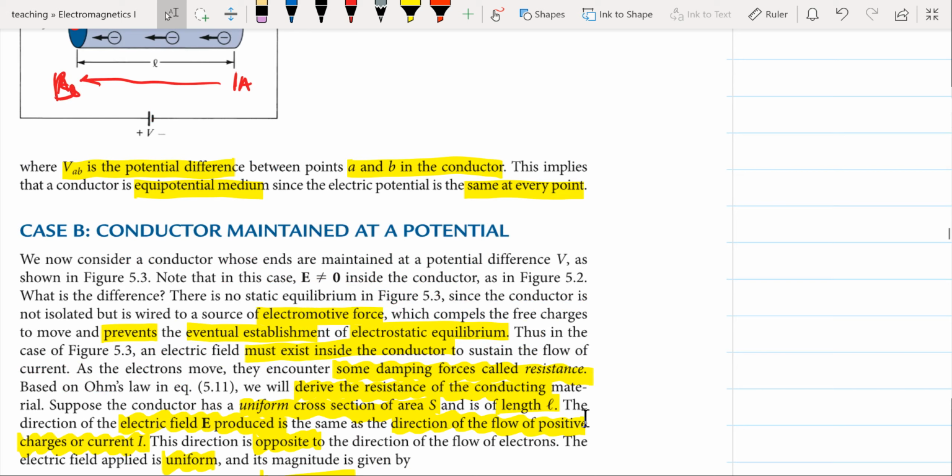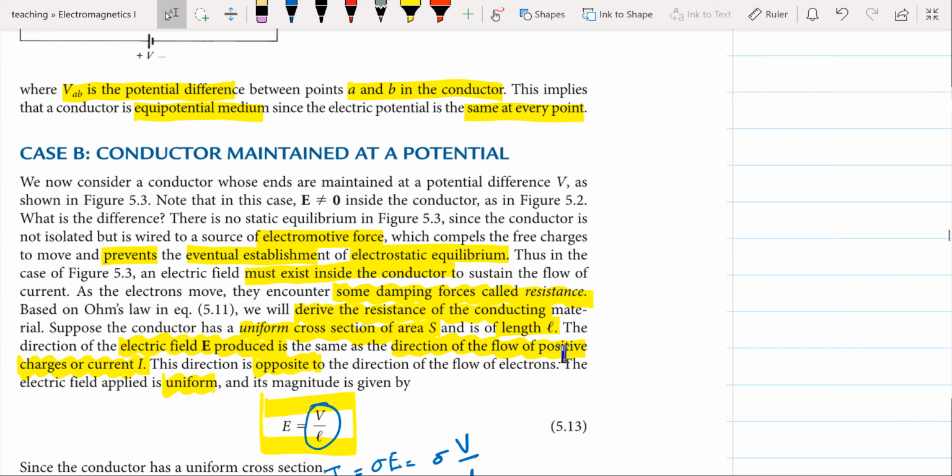The direction of electric field produced is the same as the direction of positive charges or current, I. That is what I've just said, that we normally characterize the direction of current or the direction of electric field as the direction of flow of positive charges.